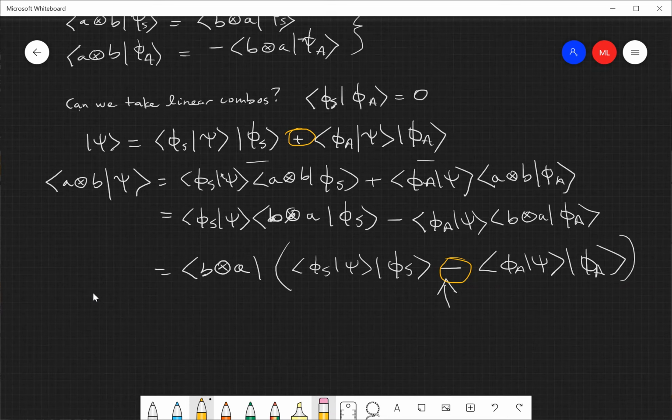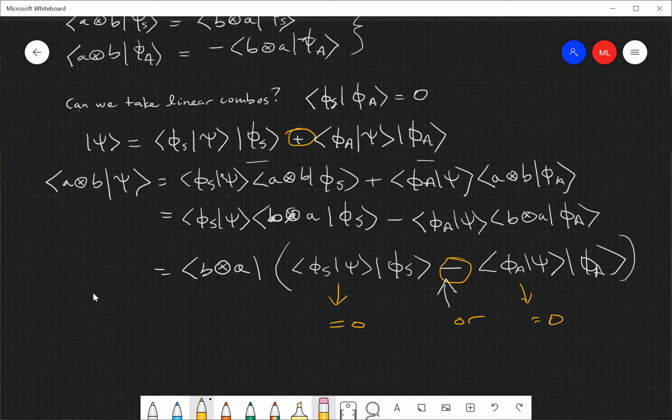So you can't have these states, and basically the only way this can work is if either this is equal to 0 or this is equal to 0, and then it's fine. We can't take linear combinations like that of symmetric and anti-symmetric states, because in the end you're always going to have a state which is either symmetric or anti-symmetric. That's the only possibility.